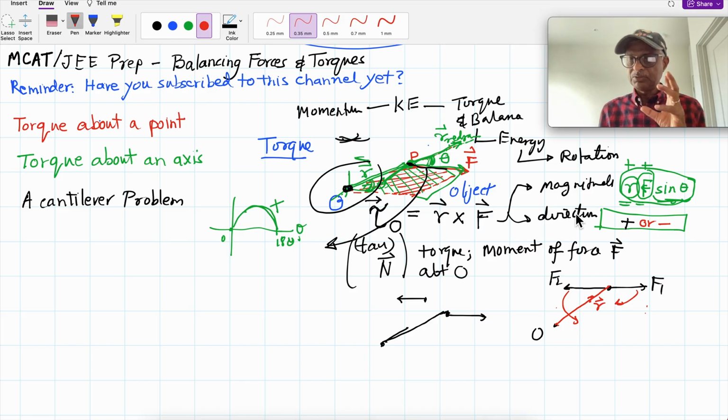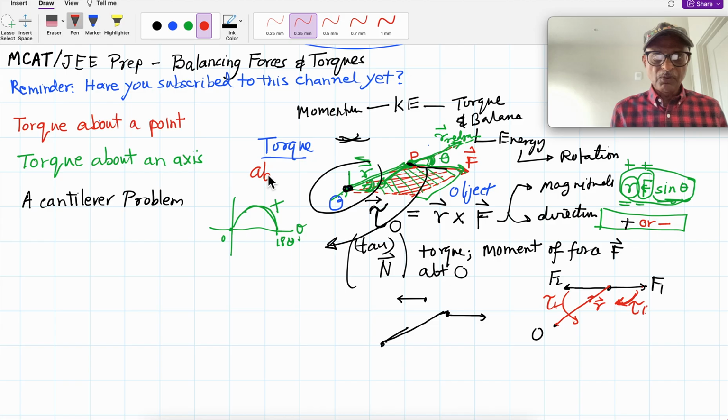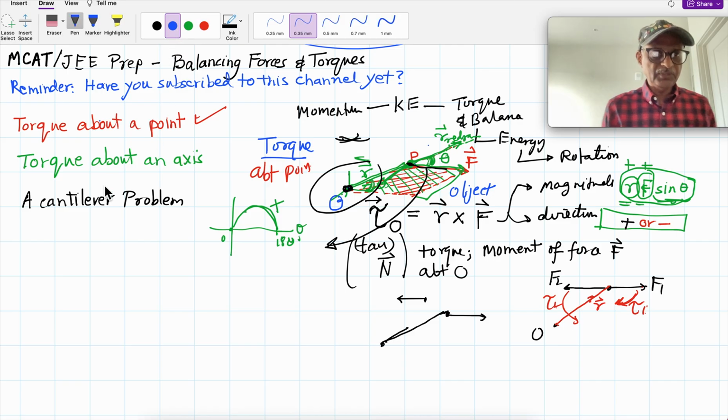If there is more than one force and you have to put them together, adding or subtracting, then this torque tau 1 and this torque tau 2 will subtract, a net effective subtraction. Okay, so that's torque about a point. That covers it. Let's look at torque about an axis.